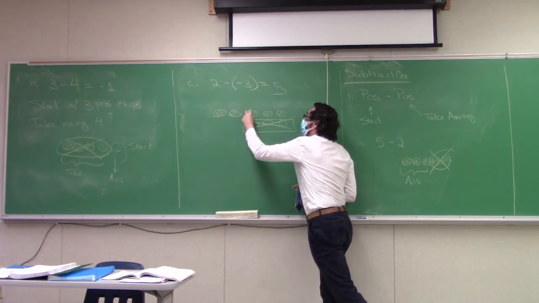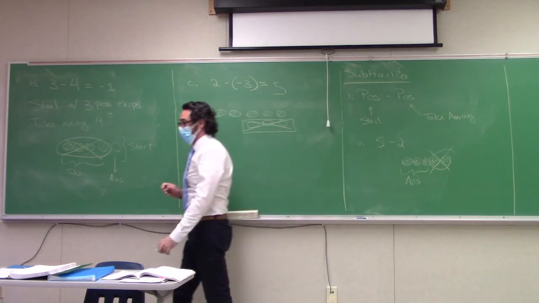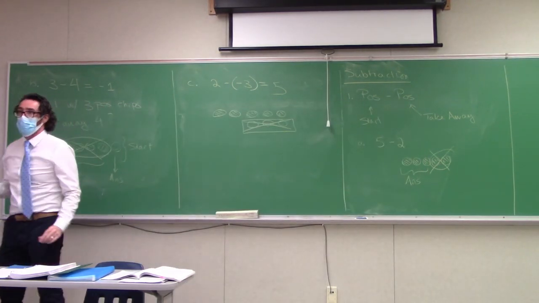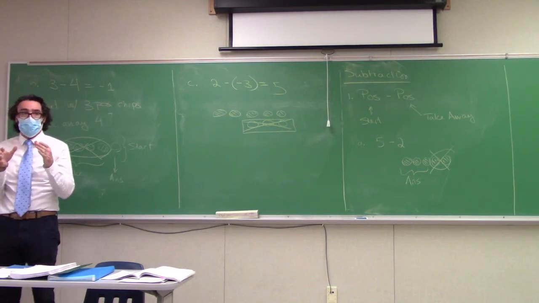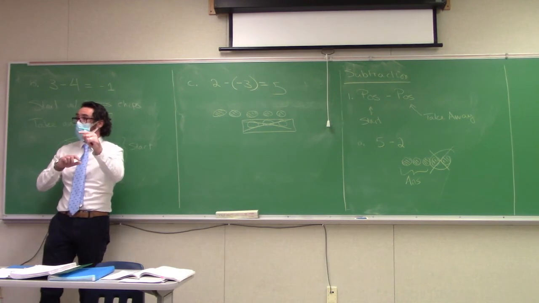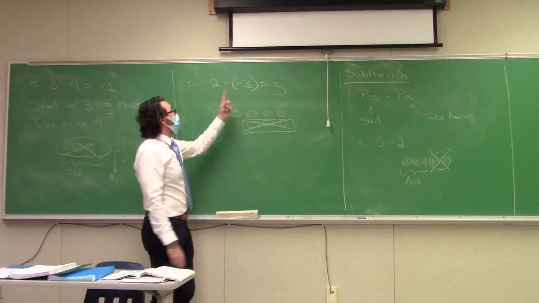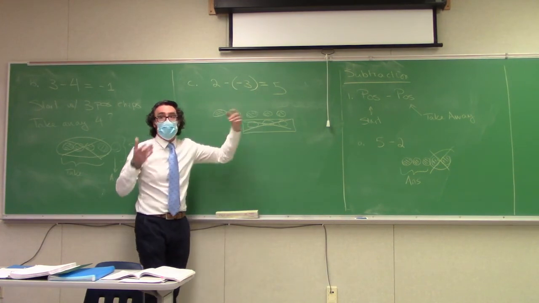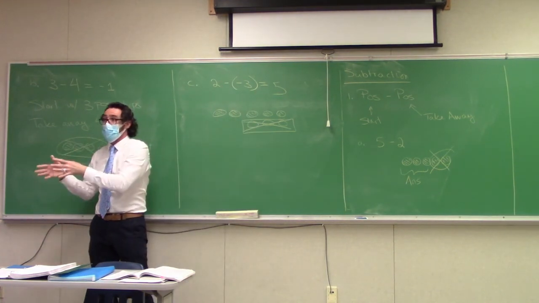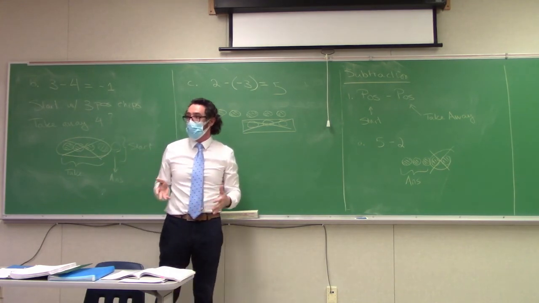You can see that 1, 2, 3, 4, 5 positive chips. Okay, so this chip model has different ways to represent the various numbers. And that's important because we use those representations to do the operations that we need to do. If you want to do 2 take away -3, you got to represent 2 in such a way that there are 3 negative chips to take away.